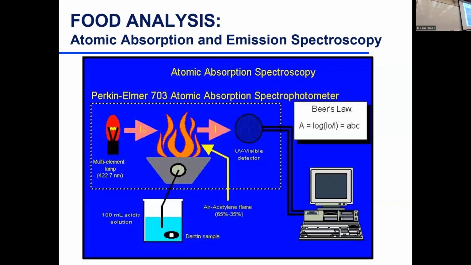So multiple light of different wavelength goes in here, and then you have the transmitted light that goes into your detector. In this detector here, you have the monochromator, where you select the wavelength of interest, and then you get conversion of transmitted light to absorption, and you get the readout and apply Beer's law.